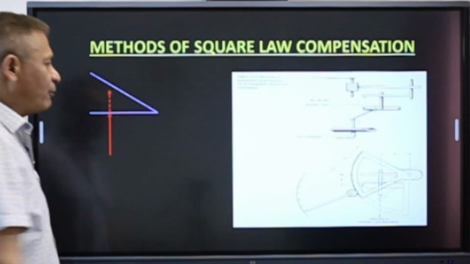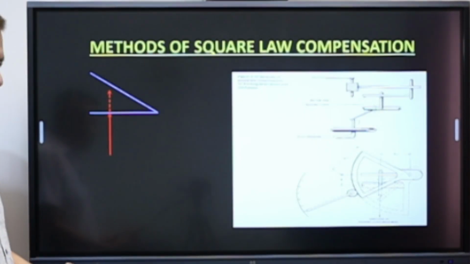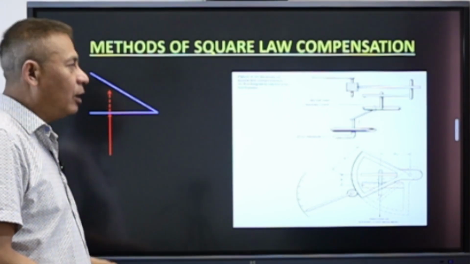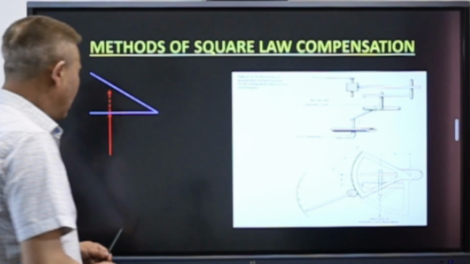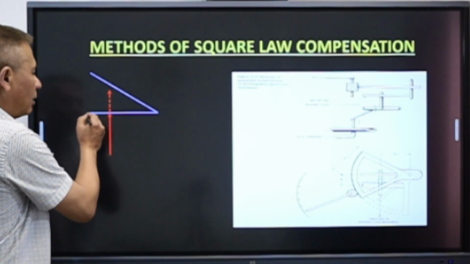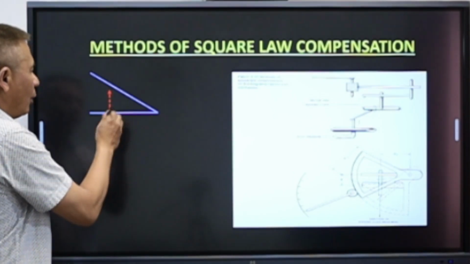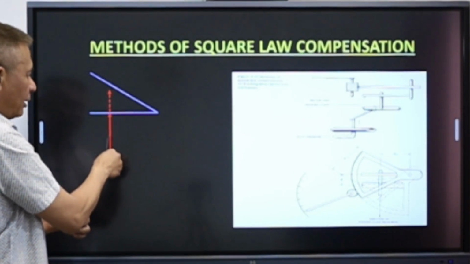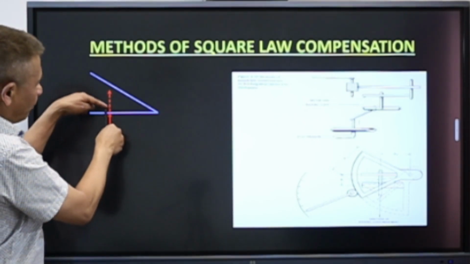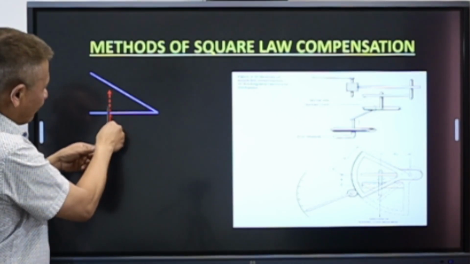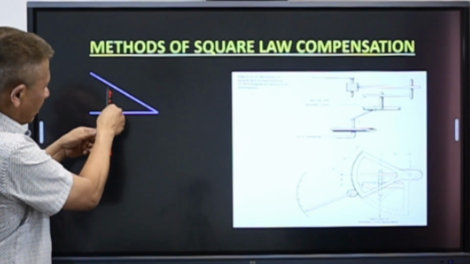Now let's move further to another advanced system wherein the square law is compensated by rocking mechanisms. Suppose in this particular diagram, this is the capsule. When the capsule is expanding or contracting, I put a lever here and it has to push this lever up and down.